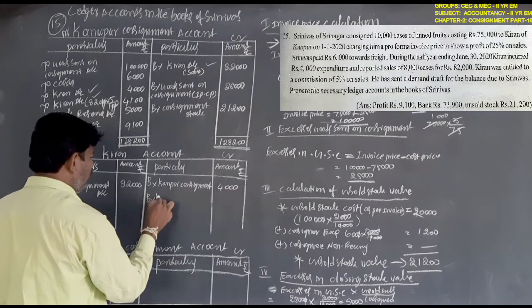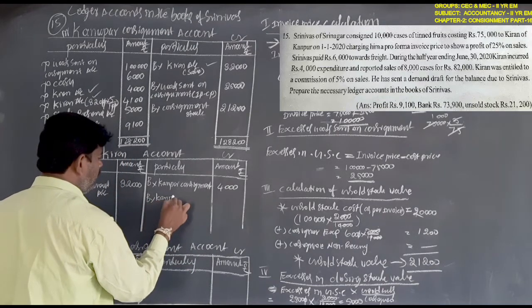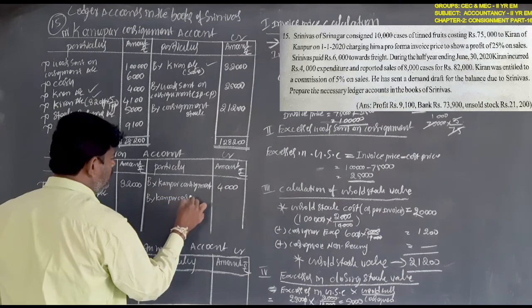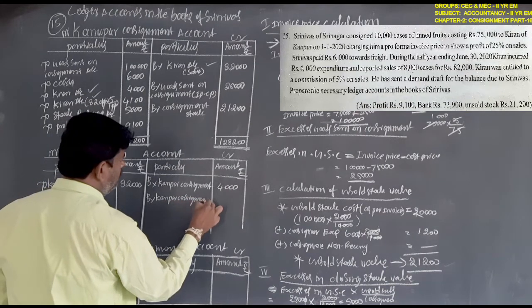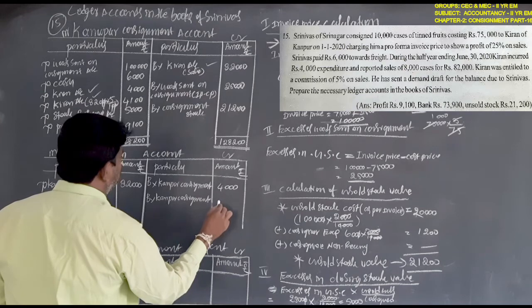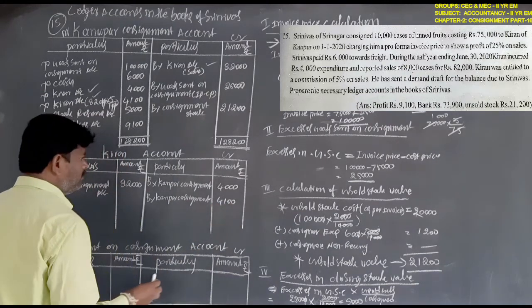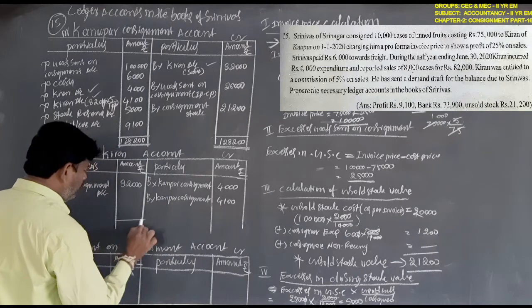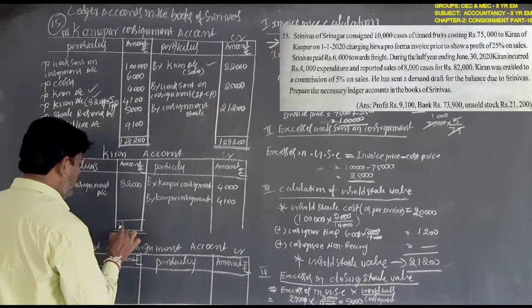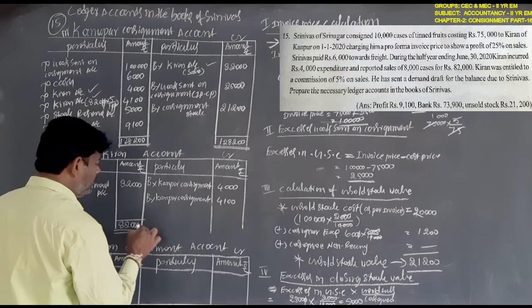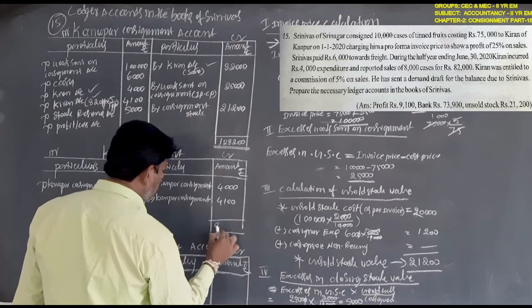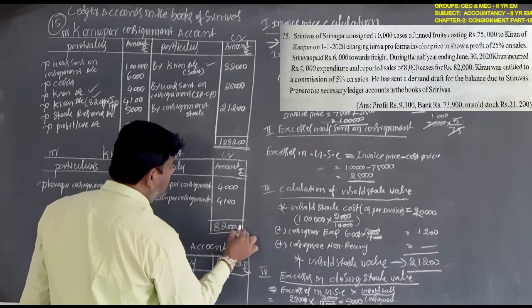Same consignment, 4,100 rupees. Total them 82,000.